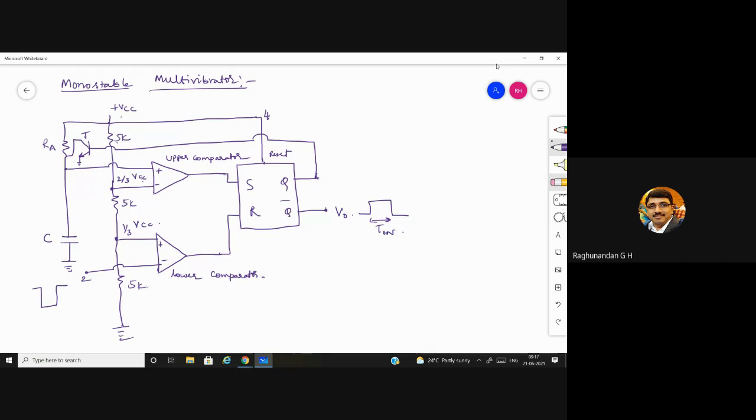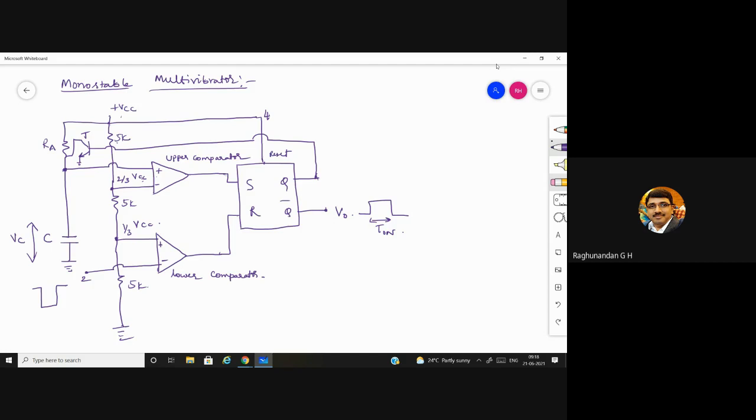And this is the triggering pulse which we give to the input terminal of the lower comparator, and the voltage across the capacitor is considered as VC. To the upper comparator, the non-inverting input is the voltage across the capacitor, as we discussed in the timing diagram. The same way, whatever voltage the capacitor charges to is one input to the non-inverting terminal of the upper comparator.